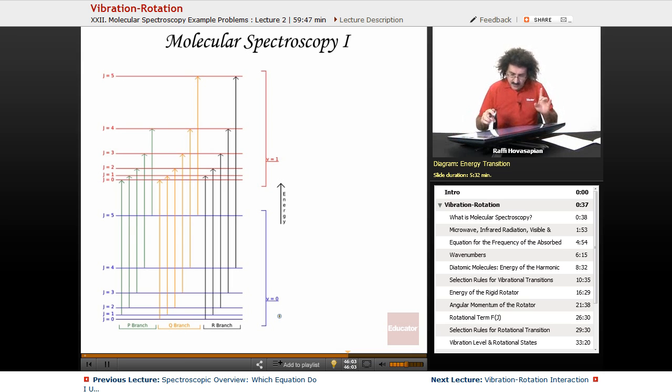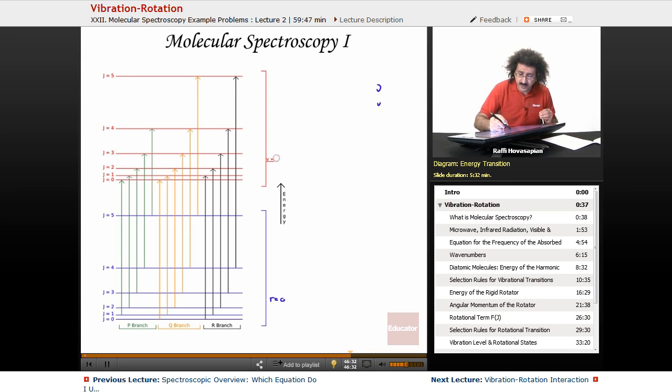Okay, so these blue lines, this blue level, that's the lower vibrational state. Most books tend to use this symbol V, or a variation on nu, as the vibrational quantum number. I don't like that because it looks a lot like the frequency, and it tends to get really confusing, which is why I use R for the vibrational quantum number.